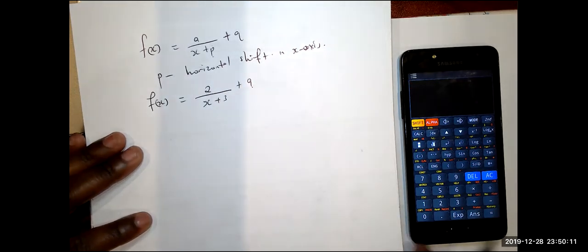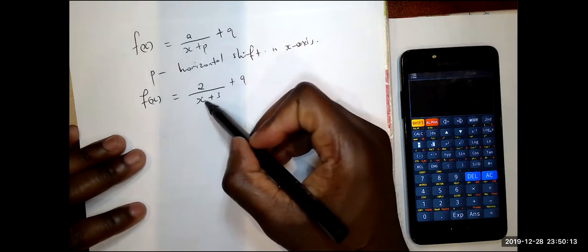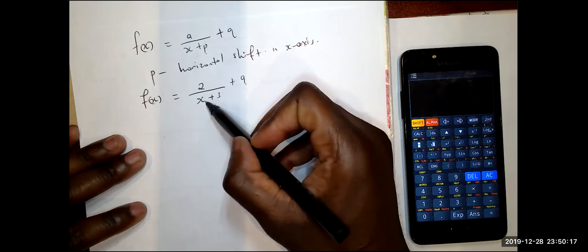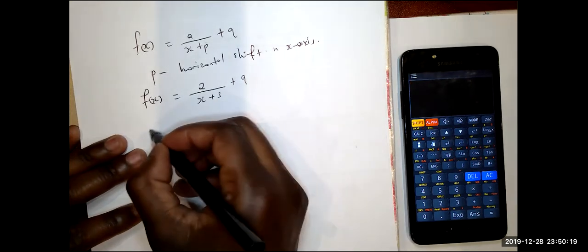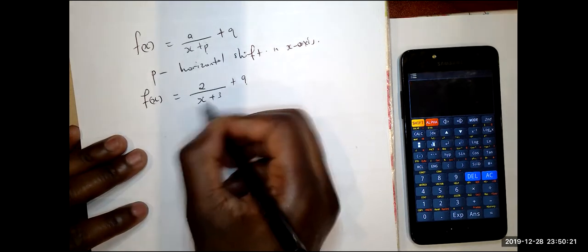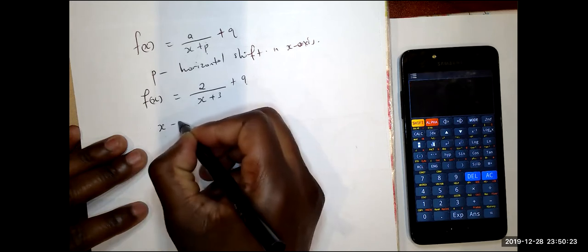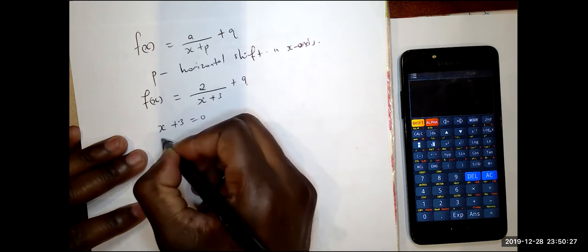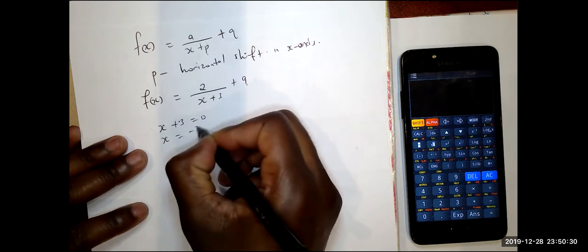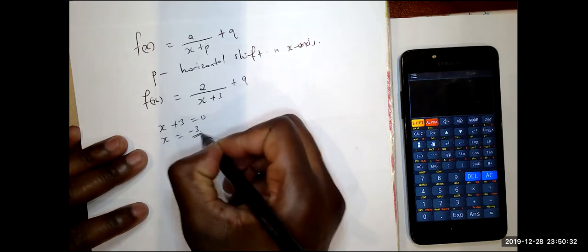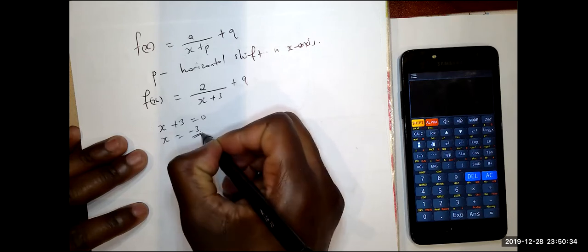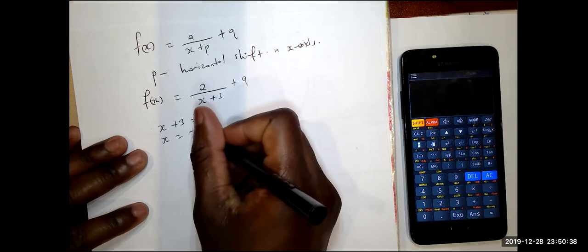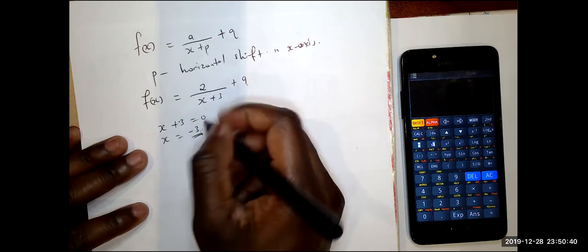Now, we don't want to get 0 here. So what must we avoid? We don't want the denominator to be 0, because then it becomes undefined. So we say x plus 3 is equal to 0, then x is going to be equal to negative 3. Negative 3 is what we don't want. So this becomes the x asymptote.